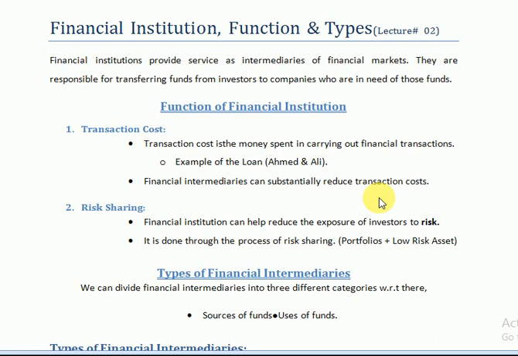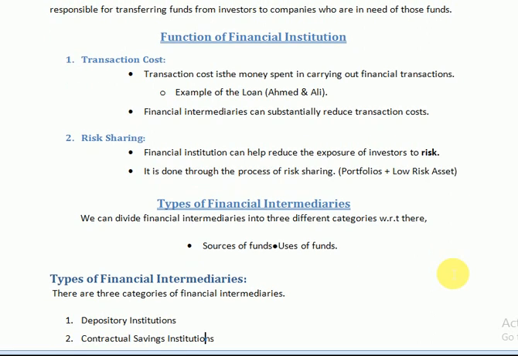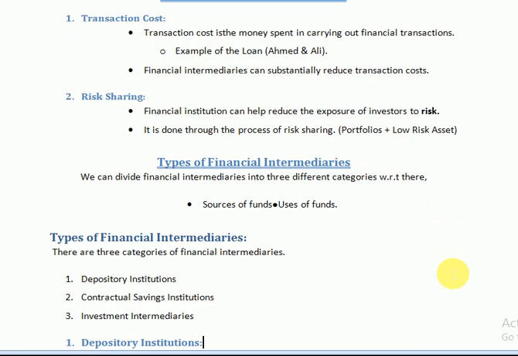Now we come to the types of financial intermediary. We divide the financial intermediary into three main categories. Why did we divide these intermediaries or institutions into three categories?